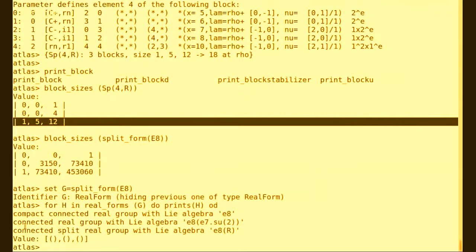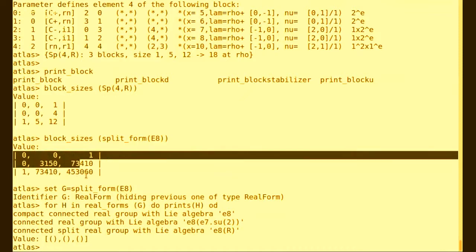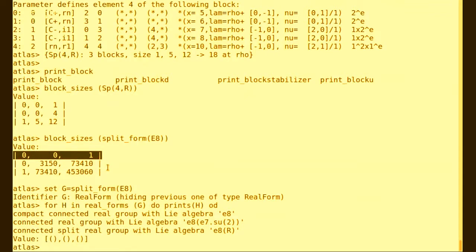There's the compact one, there's an intermediate one, sometimes called the quaternionic one, and the split one. And here you see the block sizes. This is telling you that the compact form, which is row 1, has exactly 1 block of size 1. The intermediate form has some smaller blocks, and then the split form has these 3 blocks.